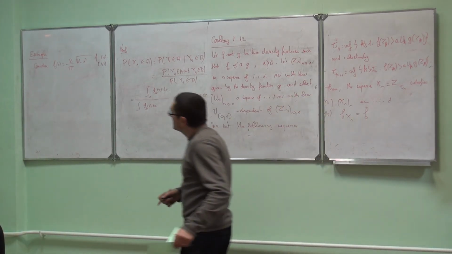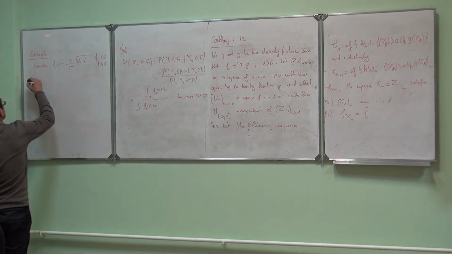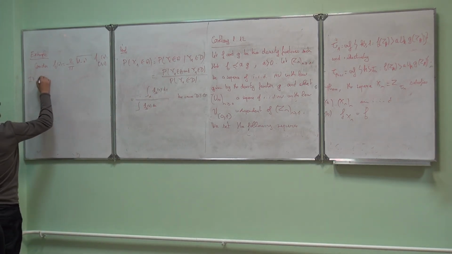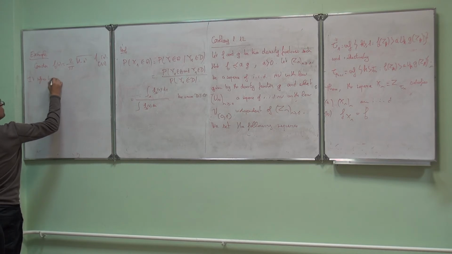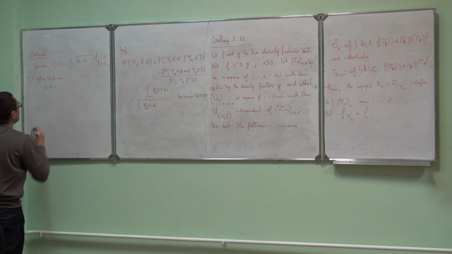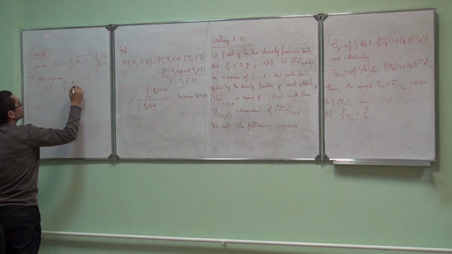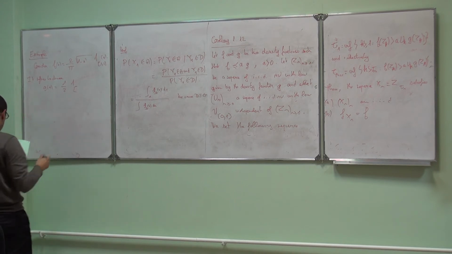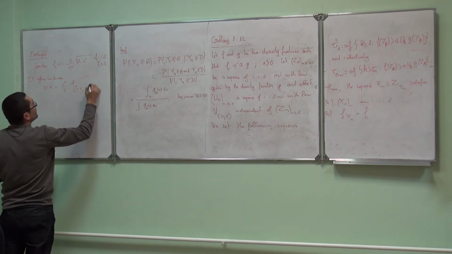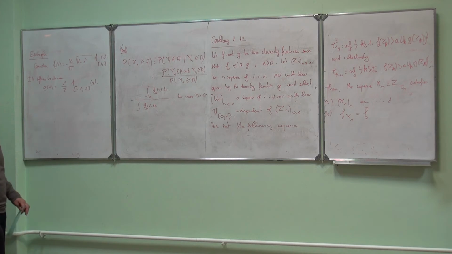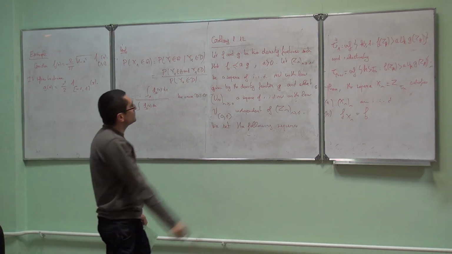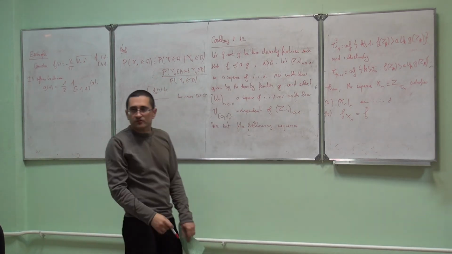So here it suffices to choose g of x equals half indicator function of the interval minus 1, 1 of x, because it is enough to check that this relation holds.